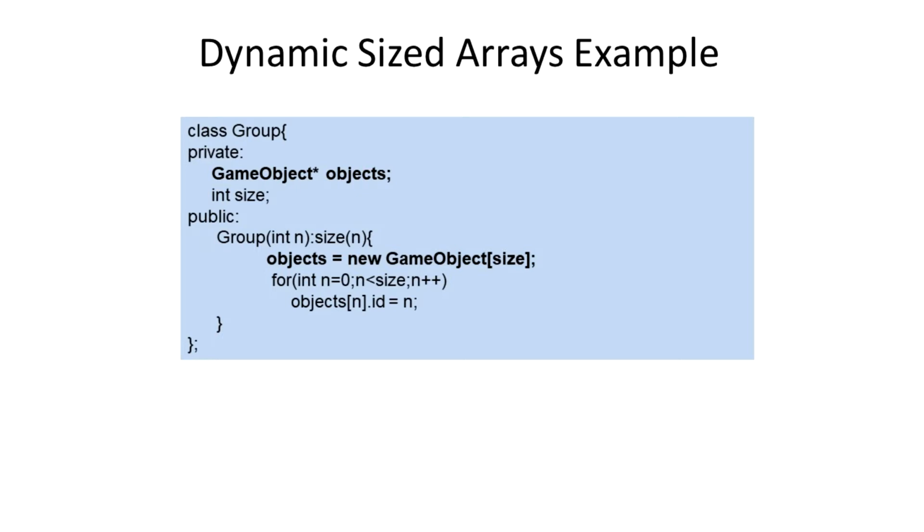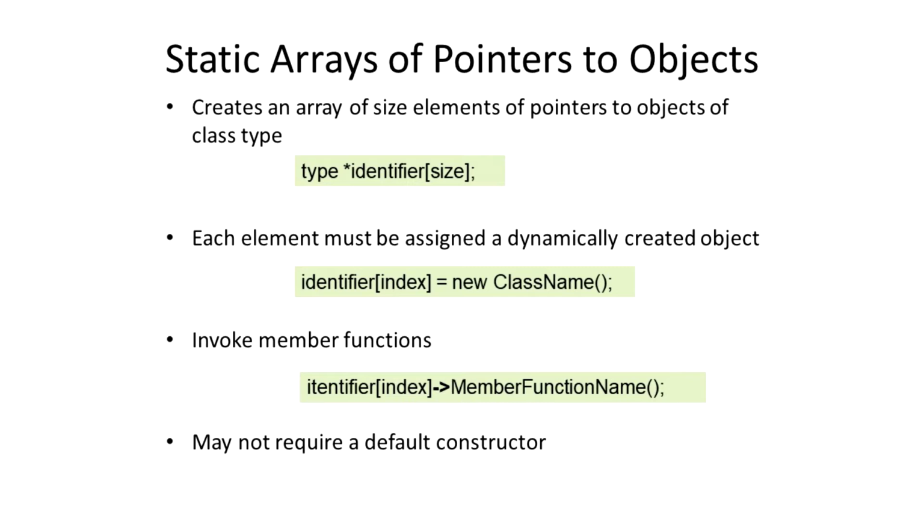So we've got here an example of a fixed size array being created on the heap, but the size of this array is just allocated dynamically. It's allocated by the user each time they run the program. So let's move on now and talk about creating a fixed size array that stores pointers to objects rather than objects themselves.